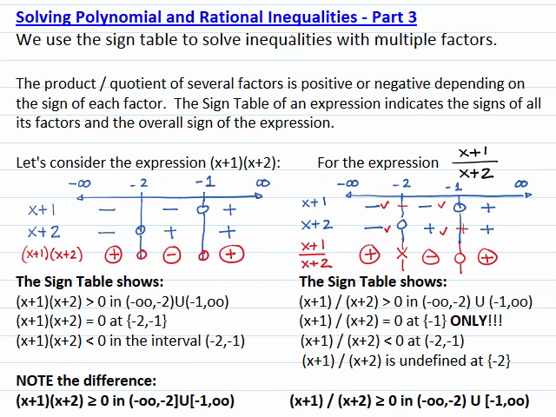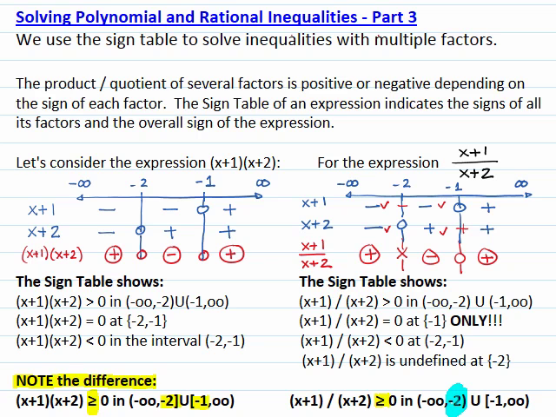Now note the difference: if we are asked to solve the inequality x plus 1 times x plus 2 greater than or equal to 0, then that is in the interval -∞ to -2 union -1 to infinity, but -2 is closed because x could equal -2 and -1 is closed, whereas when we are asked to solve the inequality x plus 1 over x plus 2 greater than or equal to 0, that is also in the interval -∞ to -2 union -1 to infinity, but at -2 we cannot have a closed interval because x cannot equal -2.